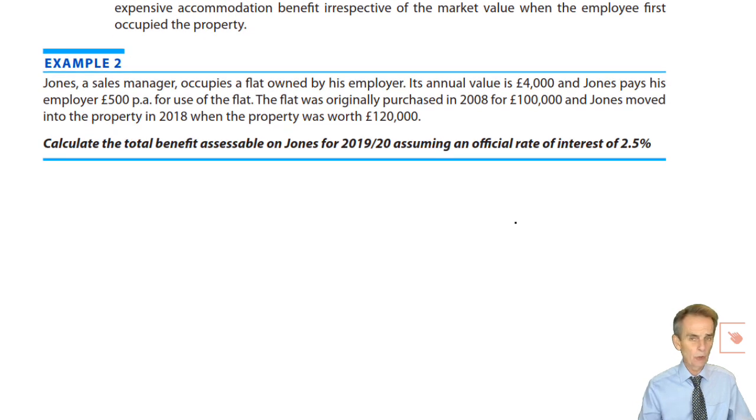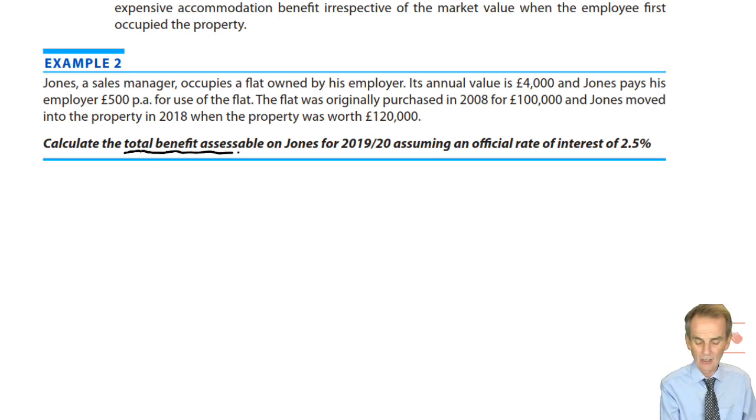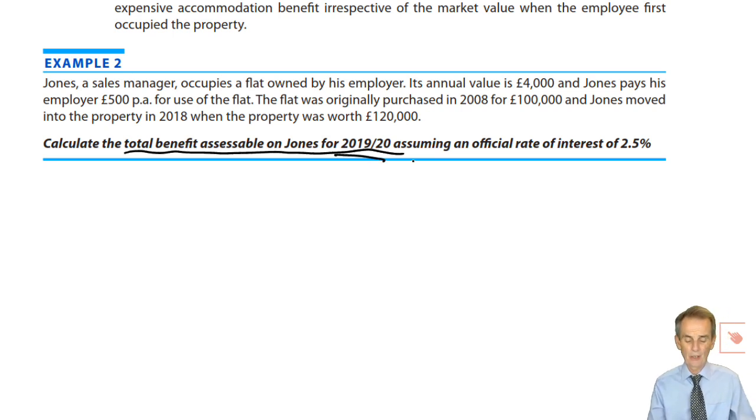In example 2, which tests out the issues on living accommodation, what we have got to do here in the updated notes is of course deal with the 2019-20 tax year, assuming what you'll be explained in a few moments' time, using an official rate of interest of 2.5%, a figure you may already be familiar with, and is on your rates and allowances tables.